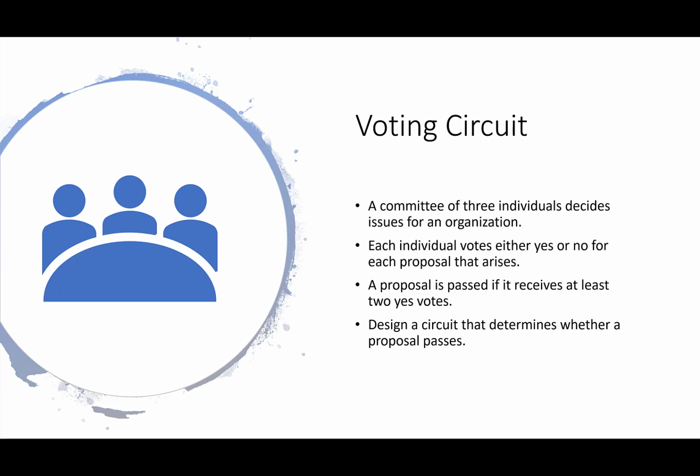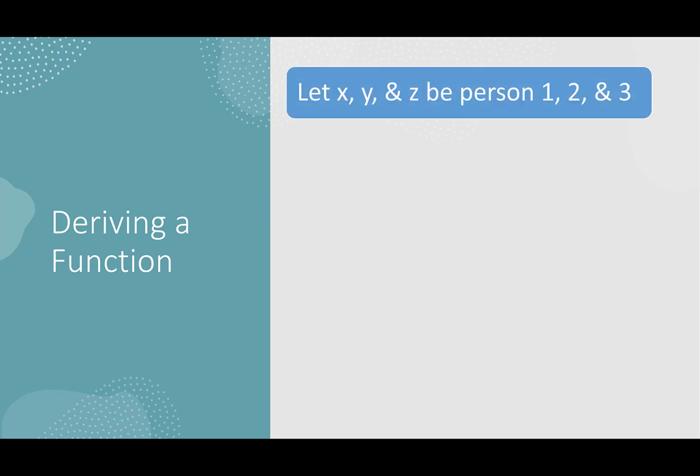So let's start off simple here, okay? Let's try to derive a function. We don't even have to necessarily do a truth table for this, but we can do it this way. So let's just say that x, y, and z are going to represent person 1, 2, and 3, okay? So we'll start there, and we know that the rule is only 2 of them have to say yes.